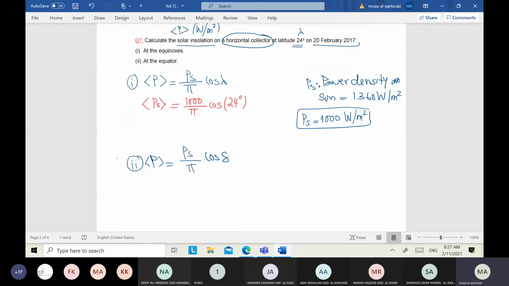Equal to 180 or 3.14? We have 1000 over pi. The 180 is out of angle.